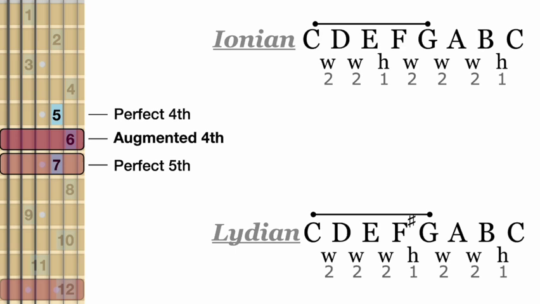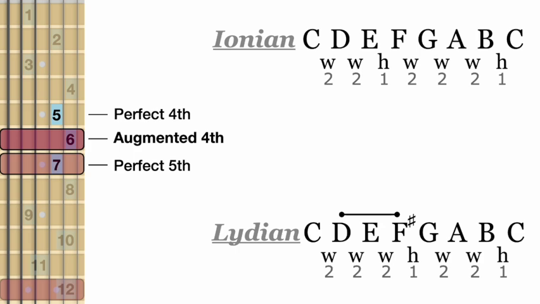So C has a perfect fifth, right? So in both Ionian and Lydian, C has a major third, i.e. E, and a perfect fifth, G. So not very interesting. But now we move on to the next degree of the scale or the mode.